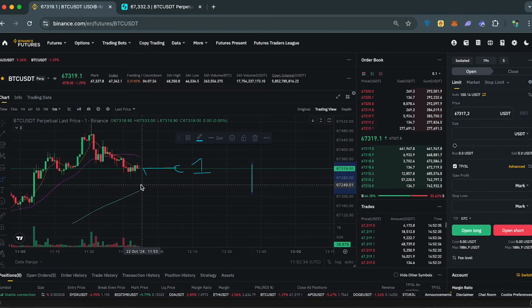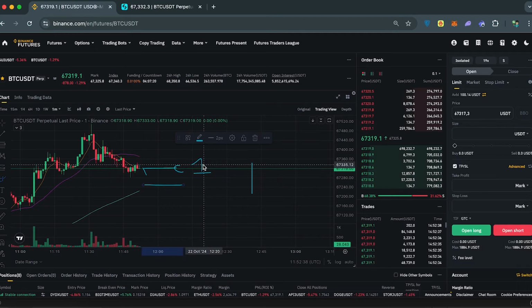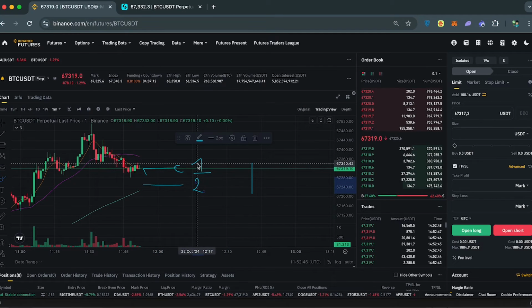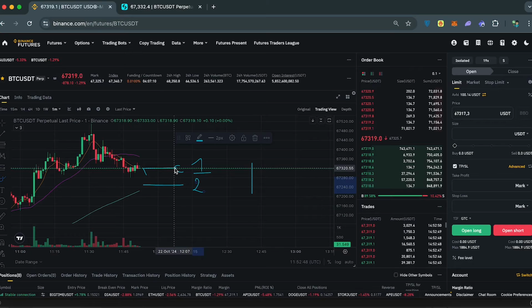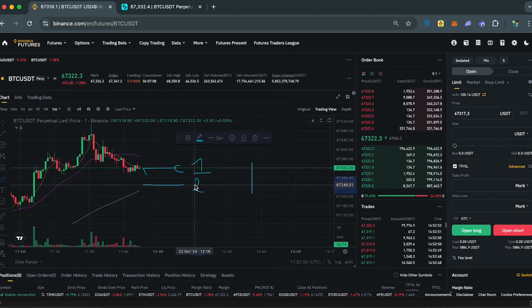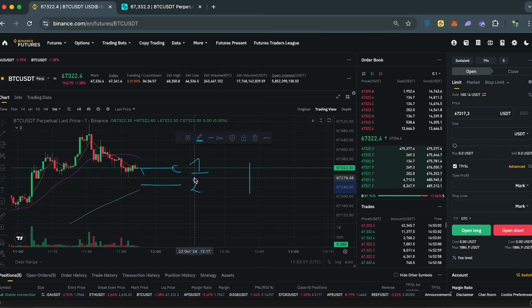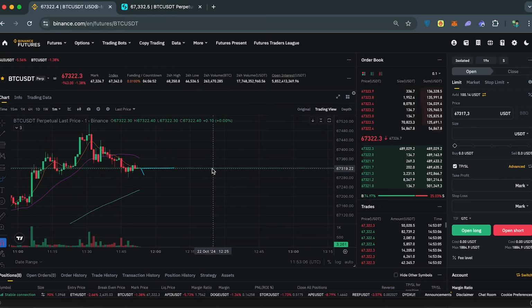The next order will be 67,250, for example. So some of your position will be filled at this price, and the next at that price. In average, your market order will be filled at 67,279. That's why we need to use exchanges with liquidity.